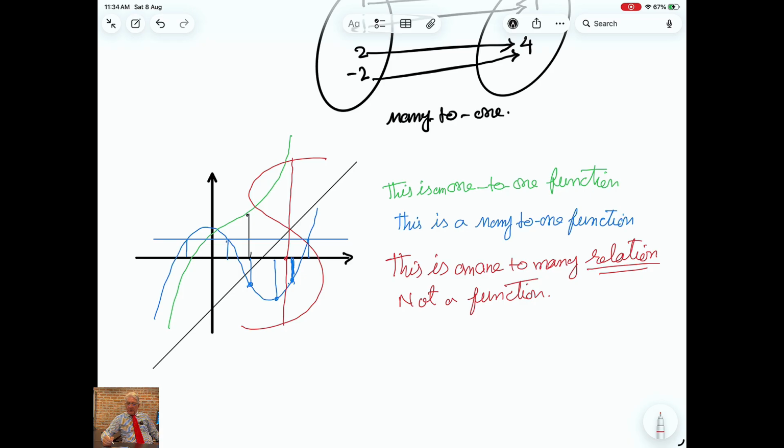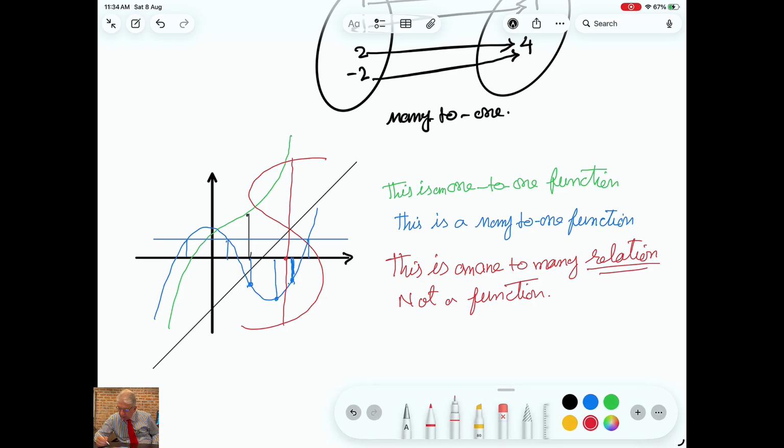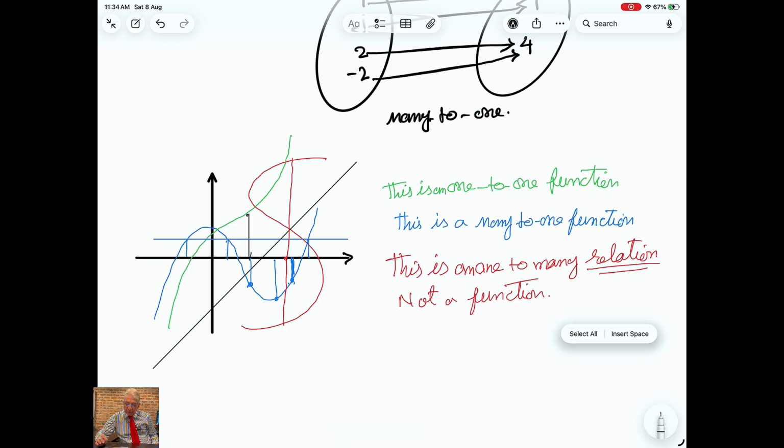Okay, look at the black one, the last one. How is the black one? Black one is actually a straight line, and you can see that it's one to one. Every x you are choosing, you are going to get only one y. If you draw any line parallel to the x-axis, there is only one point of intersection. You can do that everywhere. Therefore, every x has exactly one y, and every y has exactly one x.